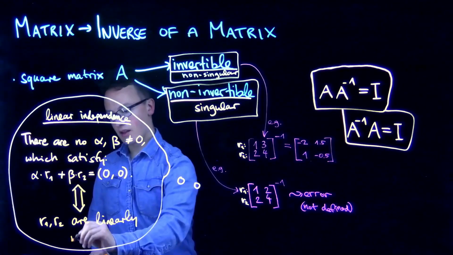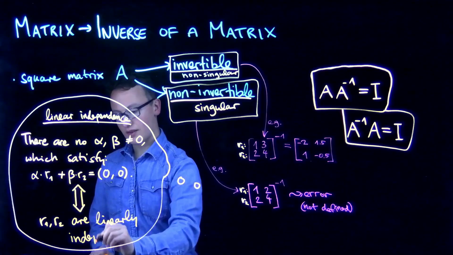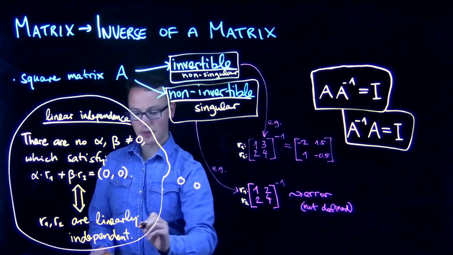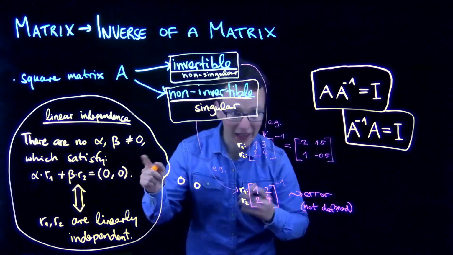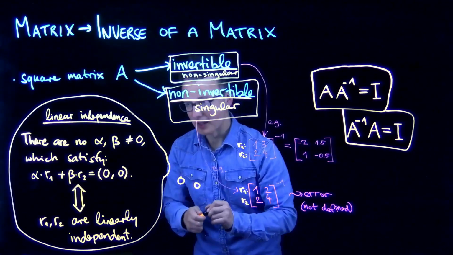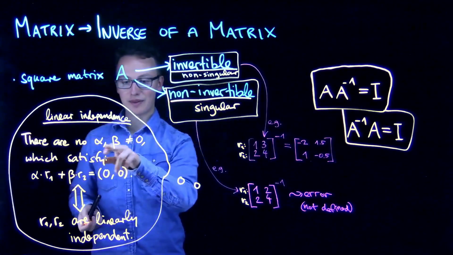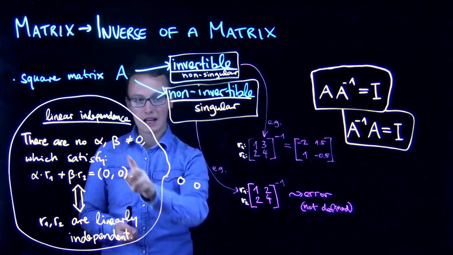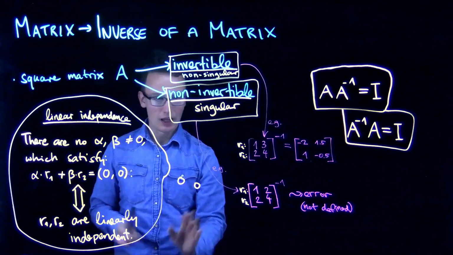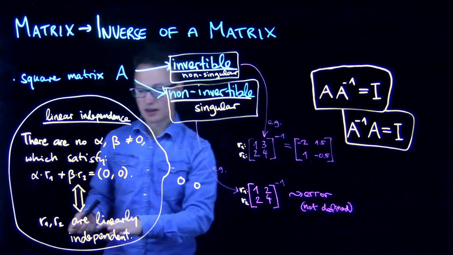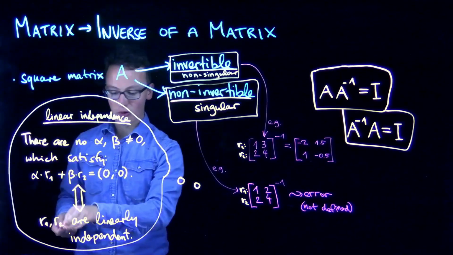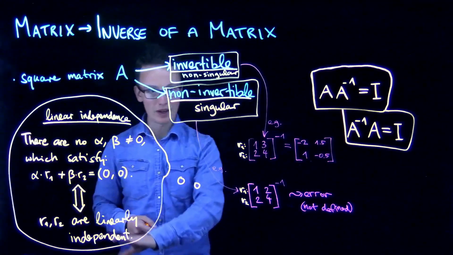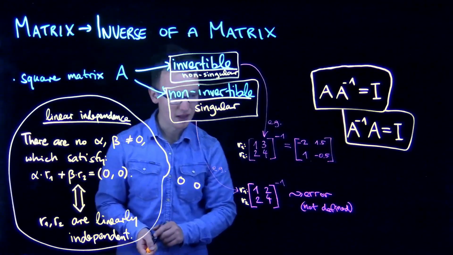So row 1 and row 2 are linearly independent. Okay? Now, the contrary case quite easily follows from that, right? If I can in fact find some values alpha and beta, which make this equation true, where alpha and beta are not 0, then I would speak of row 1 and row 2 as linearly dependent. Not linearly independent, but linearly dependent in this case.